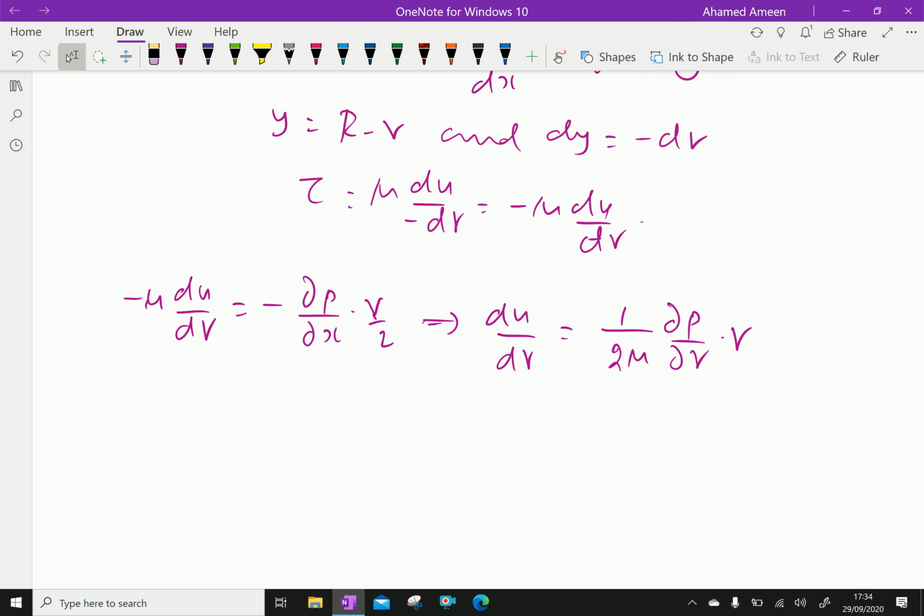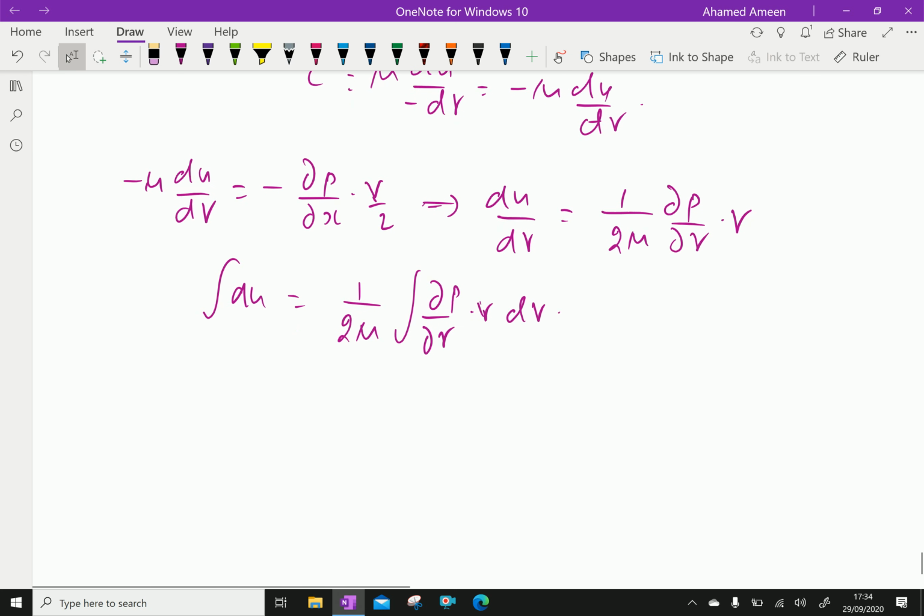Now integrating both sides, du equals 1 by 2 mu dou p by dou x r dr, so we get u equals 1 by 4 mu dou p by dou x into r squared plus c, the constant of integration.